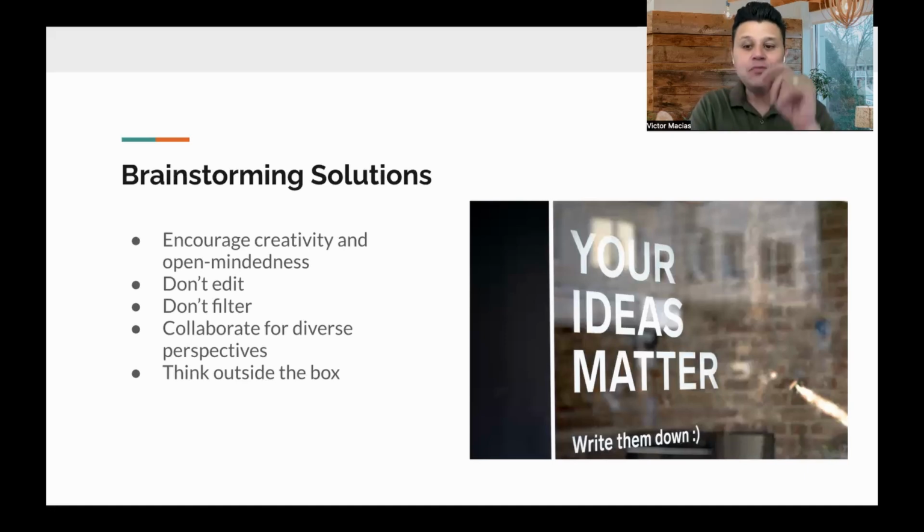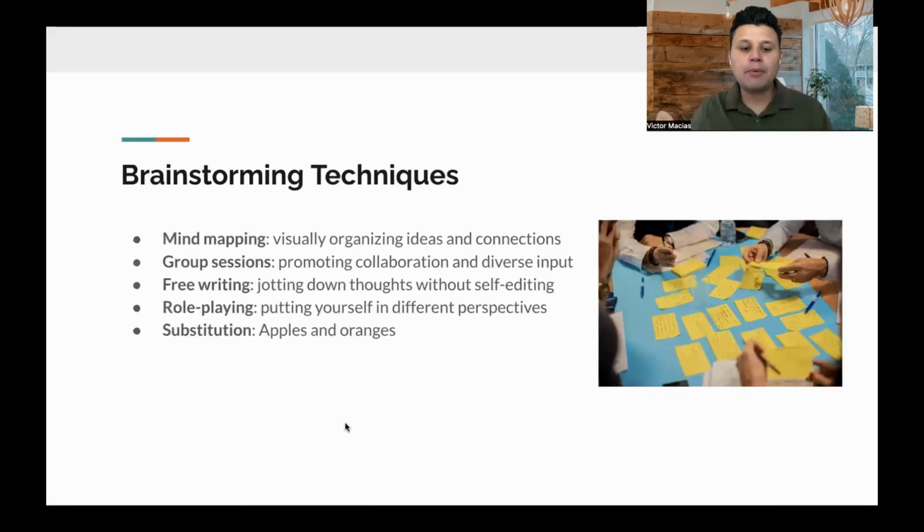And the key is you don't stop typing until the time is up. So even if you don't have anything else, you can say, okay, right now I don't have anything going on, but you're still writing. And what that does is it primes your brain to keep coming up with ideas. And also the fact that you're writing them down gets them off your mind so you can come up with new ideas.